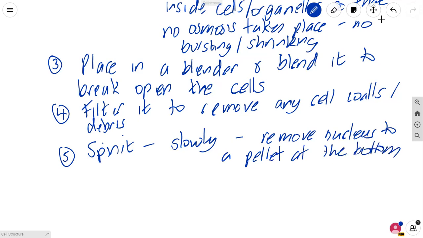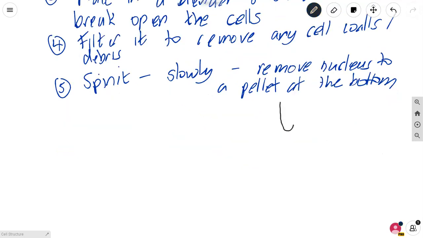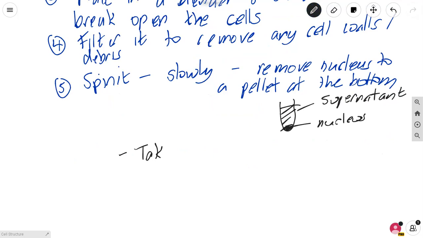So if you imagine spinning it, you end up with a tube with a thing at the bottom which is your nucleus, and then the rest of the liquid, which is called your supernatant, has all the other organelles in it. So you're then going to take the supernatant and spin it faster.